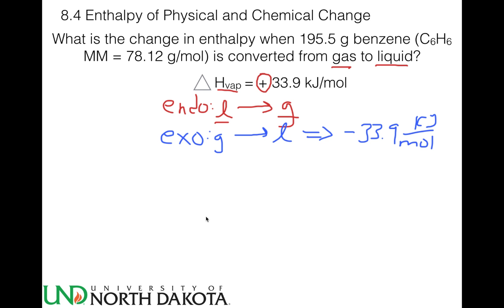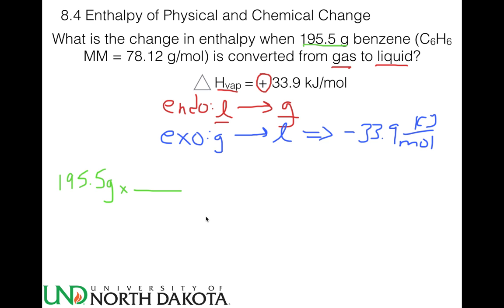Okay, so we're going to use this similar to how we use the delta H's for a reaction. We are given our number of grams of benzene, and the delta H is in kilojoules per mole, so we need to convert from grams to moles as our first step. We have 195.5 grams of benzene.